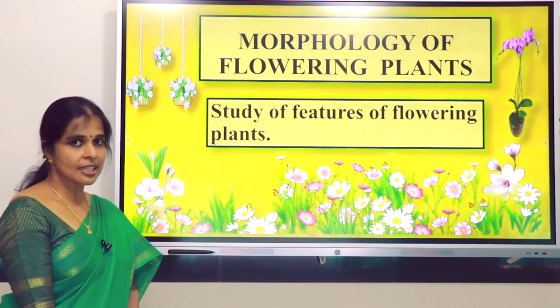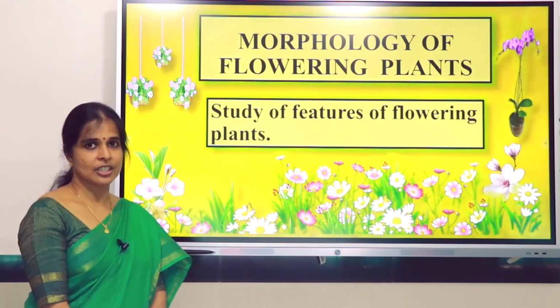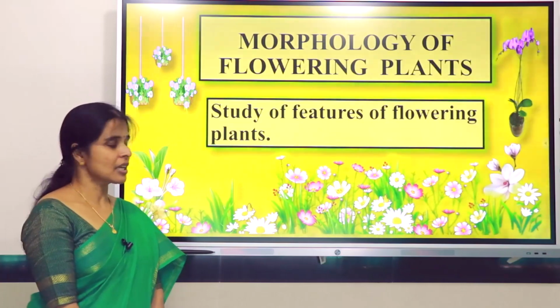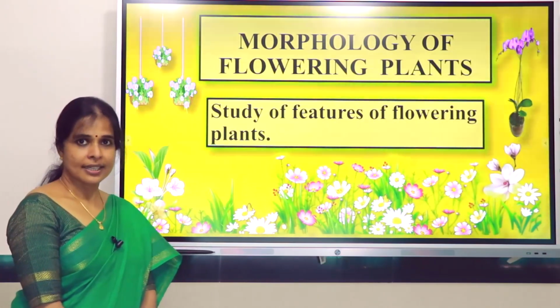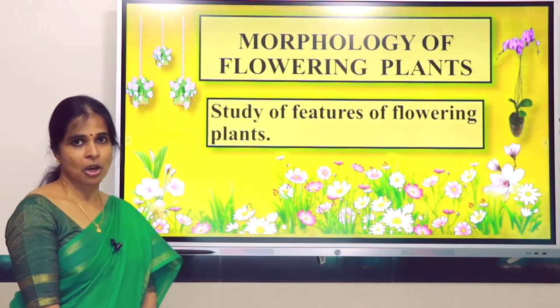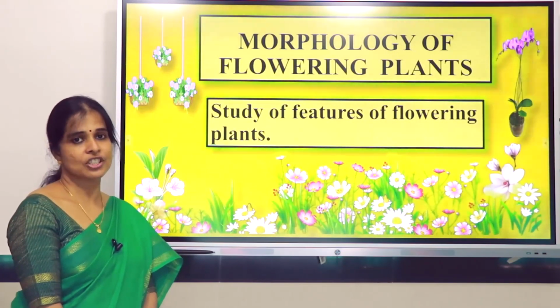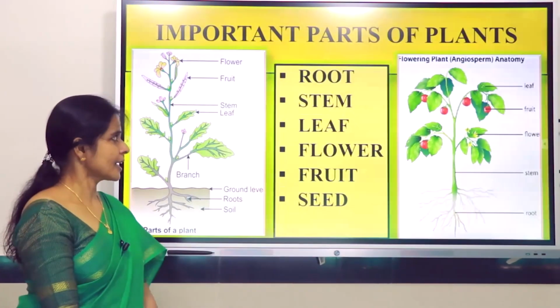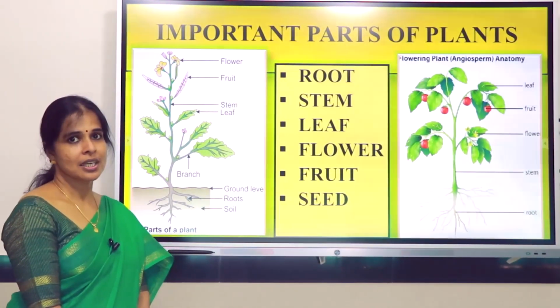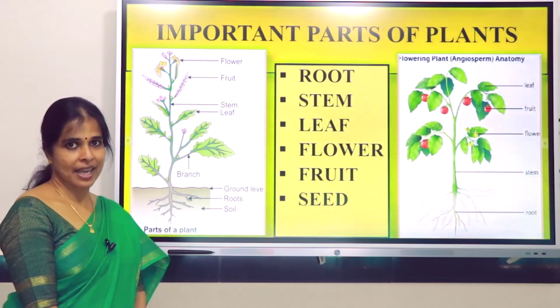The external features and internal features together come under morphology, and let us first discuss the external features of a plant. For that, let us know about the parts of a plant.